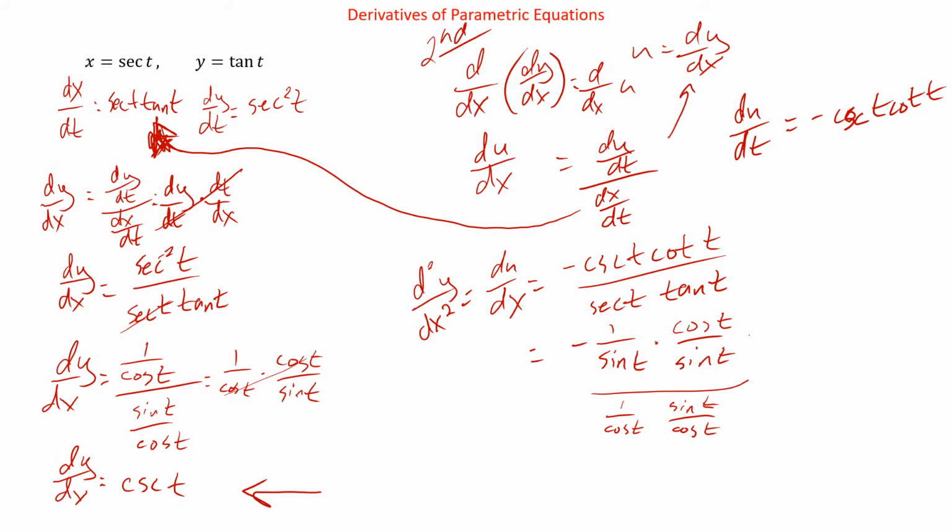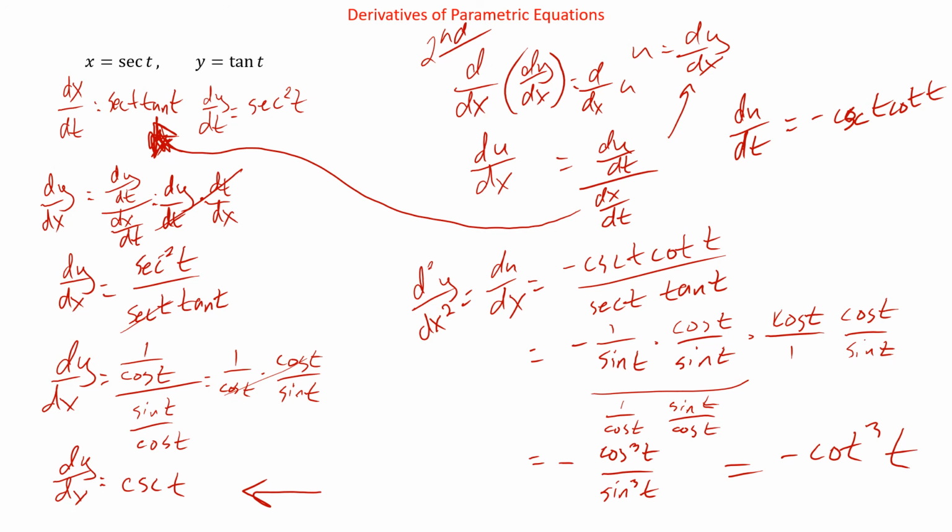So instead of being down there, they can be cosine t over 1 and cosine t over sine t. And so what we end up having is 3 cosines in the top, so it's negative cosine cubed t over 3 sines in the bottom, sine cubed t. Cosine over sine is cotangent, so this ends up being negative cotangent cubed t, which again is not something you would necessarily expect from where we started. So that's the second derivative.